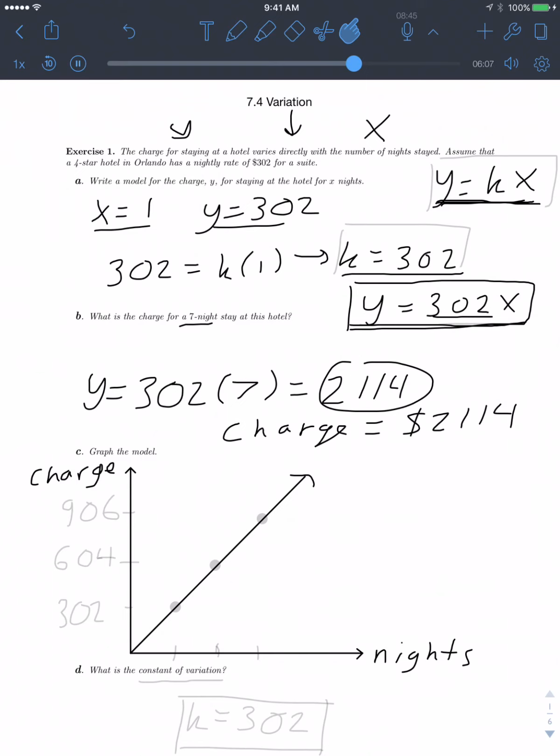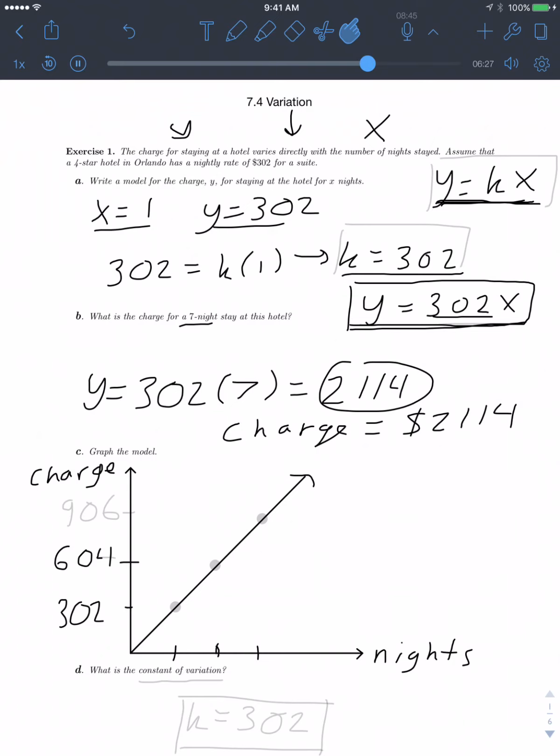Now it's not a bad idea to label a few points on this line, so the first point, we could say after one night your charge should be 302. After 2 nights your charge should be double that, 604.